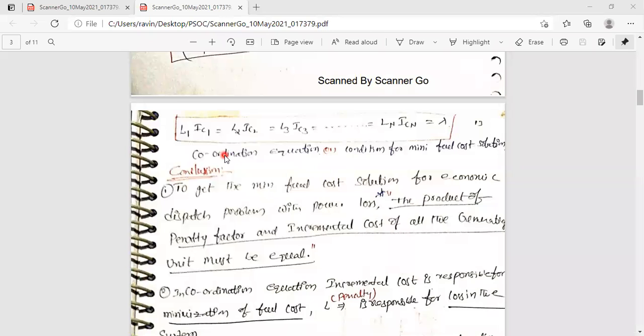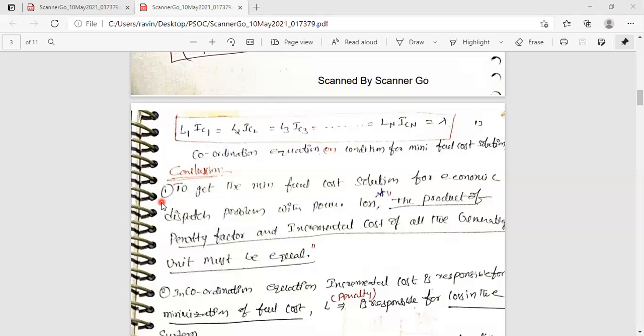Or else, if we connect the load to different generators, we cannot get a proper generation. So Lagrange, the scientist, said that to maintain this, all the units' coordination equations must be equal to lambda.